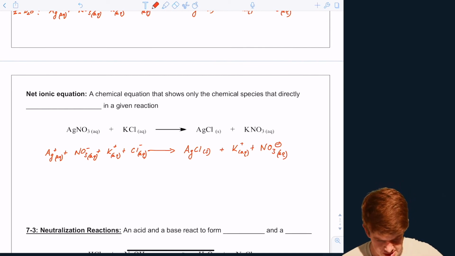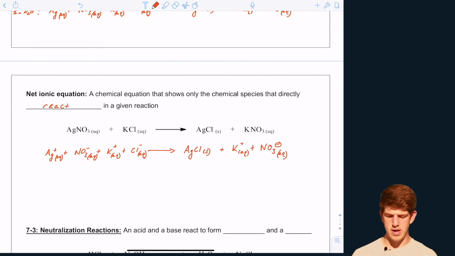The net ionic equation is a chemical equation that shows only the chemical species that directly react in a given equation.